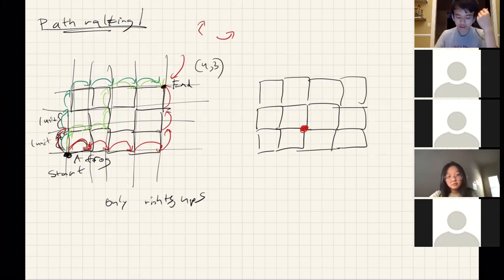So how can we possibly count the number of ways the frog can travel from this unit all the way to this unit? How can we count the number of ways we can choose the path for the frog?